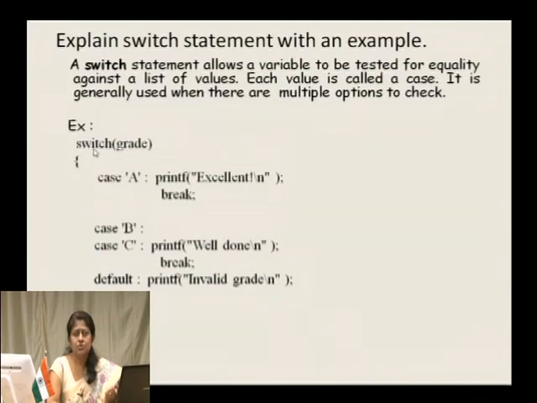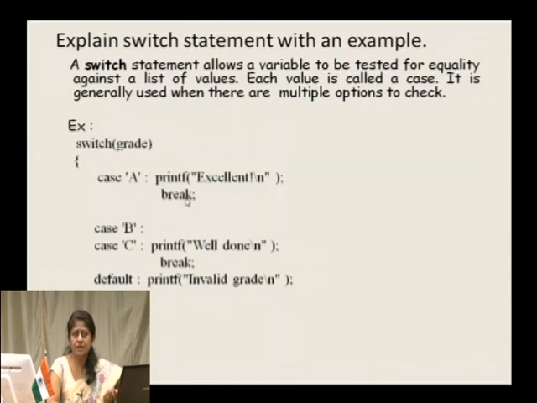So, here switch, grade, and then we have several switch case values, that is case A, case B, case C and default. What happens is when this switch expression is given, it is going to be matched with the different case values. At any point of time it matches with these values, the respective statement would be executed.